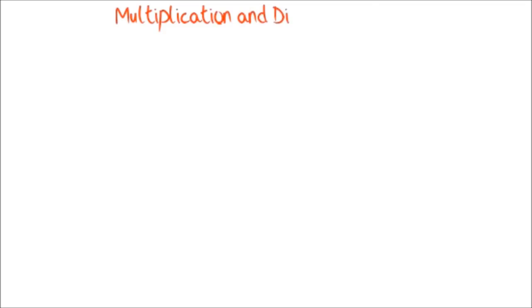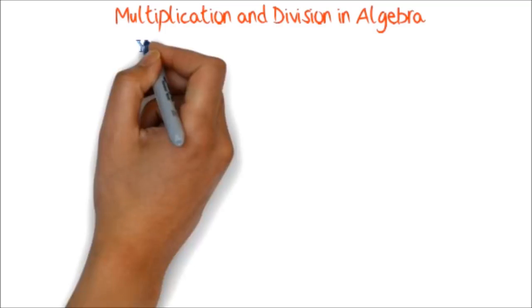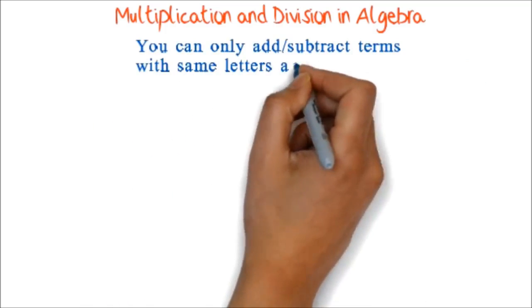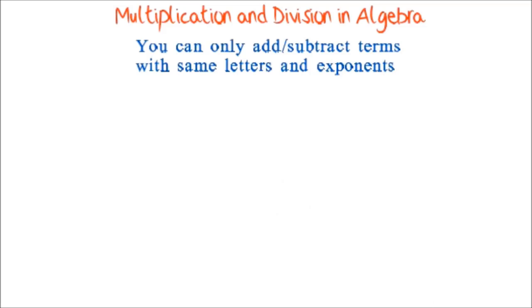Multiplication and division in algebra. When we learnt addition and subtraction in algebra, we said that letters must be exactly the same before you can add or subtract them.